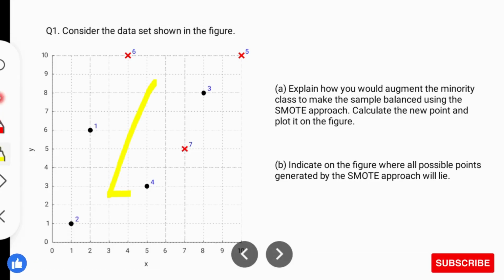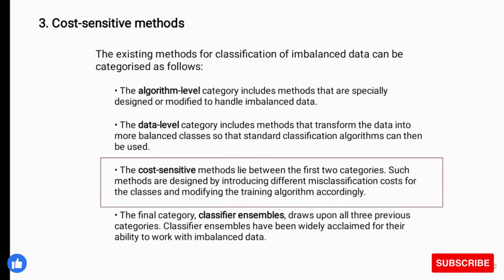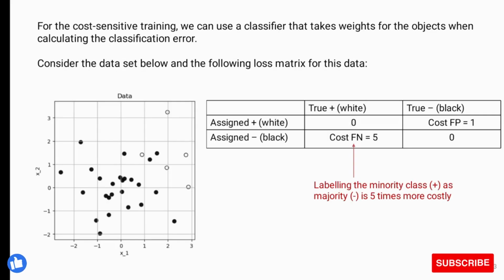Okay? Yeah. Good. Right. So let's move on to the cost-sensitive methods. For cost-sensitive training, we're basically going to apply weights to the type 1 and type 2 errors of our confusion matrix. What we're saying is that the cost of putting a point in this cell, the false negative, which type error is this? Type 2 error?